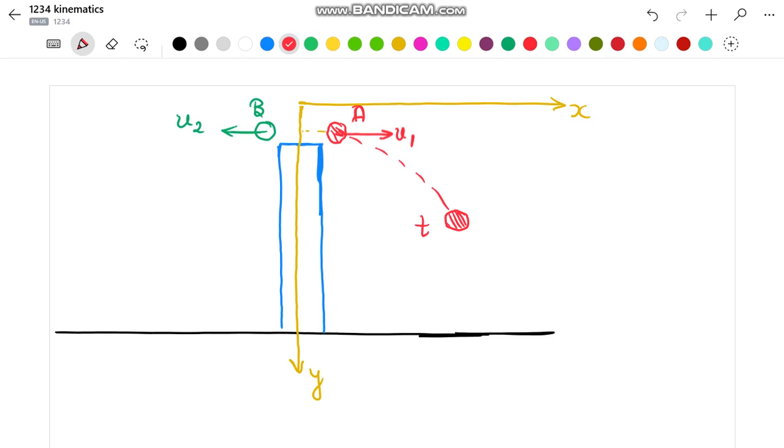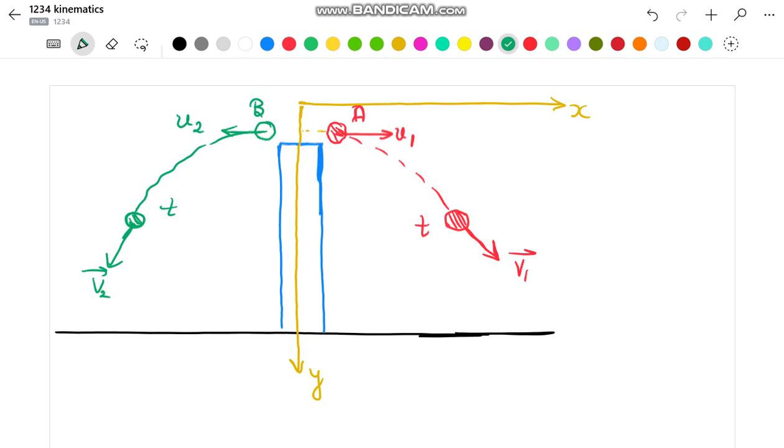Similarly for particle B, we can find its velocity at the same time. In the question, we have to find the value of time at which both these velocity vectors, let us call this the v1 vector and the second the v2 vector, are perpendicular.